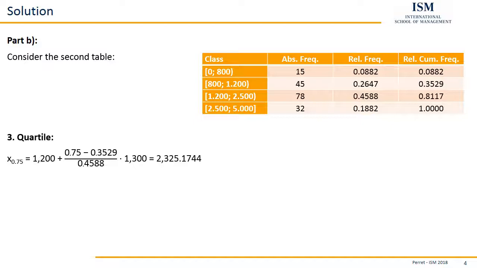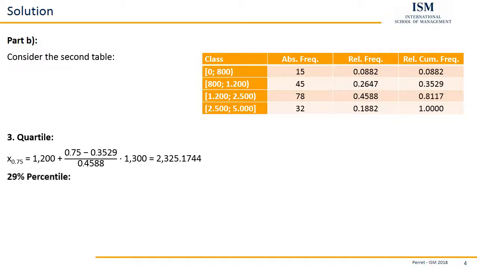All this is multiplied with the width of the quantile class, which we get if here we calculate 2500 minus 1200, giving us the 1300 we noted here. All in all, taken together, this results into a third quartile of 2325.1744.